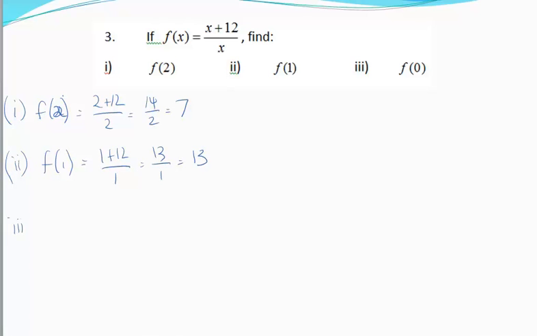For 3, when x is equal to 0, our function is 0 plus 12 divided by 0. And 12 divided by 0 is not defined, so we don't have any result when our x is equal to 0.